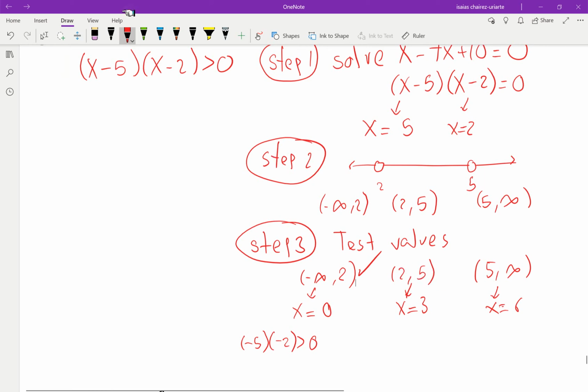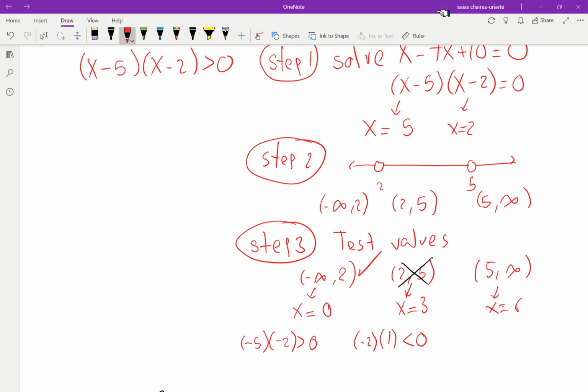If I plug x equals 3 into my inequality up here, I'm going to have negative 2 times 1, which is negative. And that's no good. That tells me that this interval is not part of our solution set.